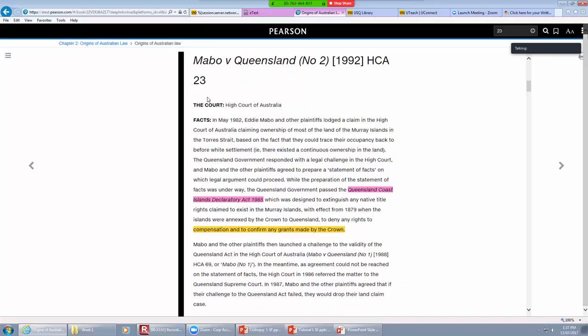Okay. So this case was decided in the High Court of Australia in 1992.